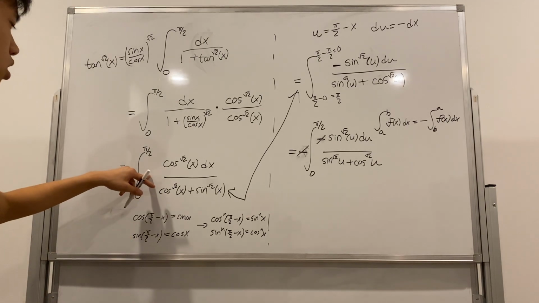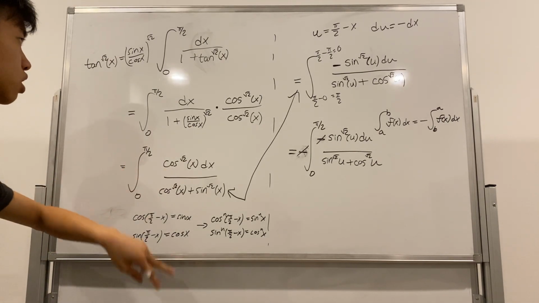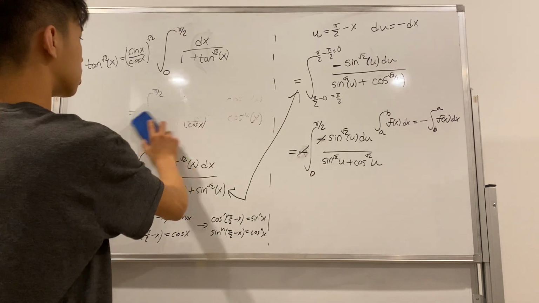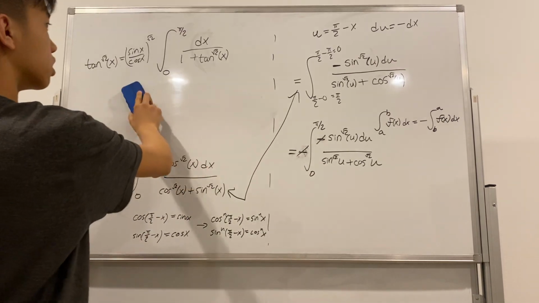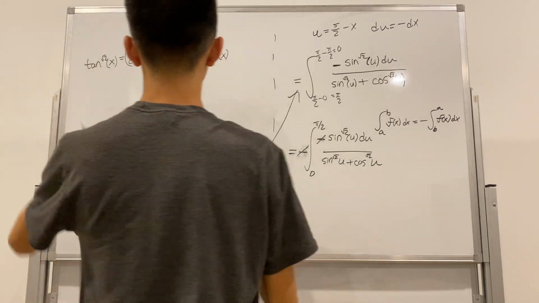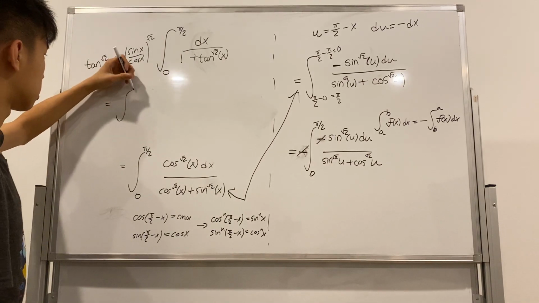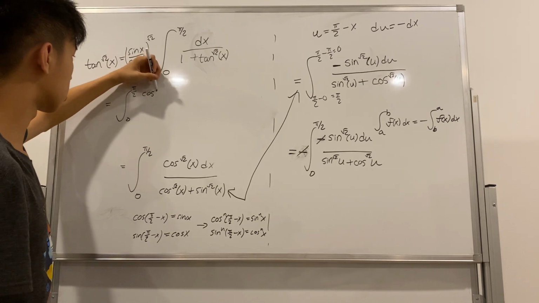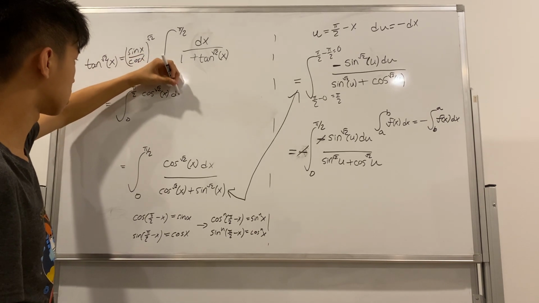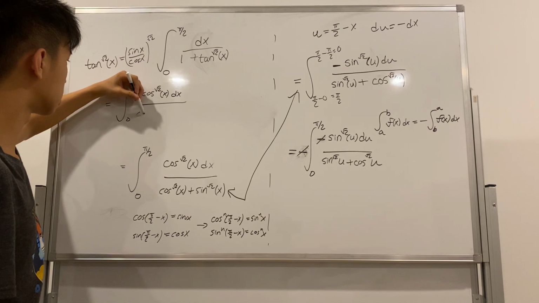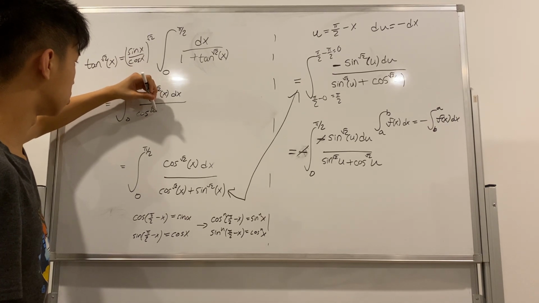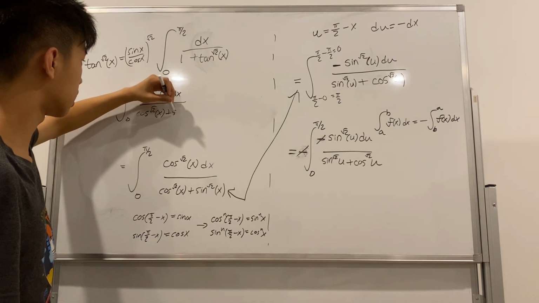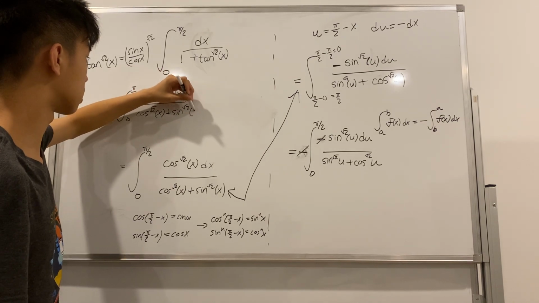So if we add these two integrals up, let me just bring this to the top: cosine to the square root 2 of x dx over cosine to the square root 2 of x plus sine to the square root 2 of x.